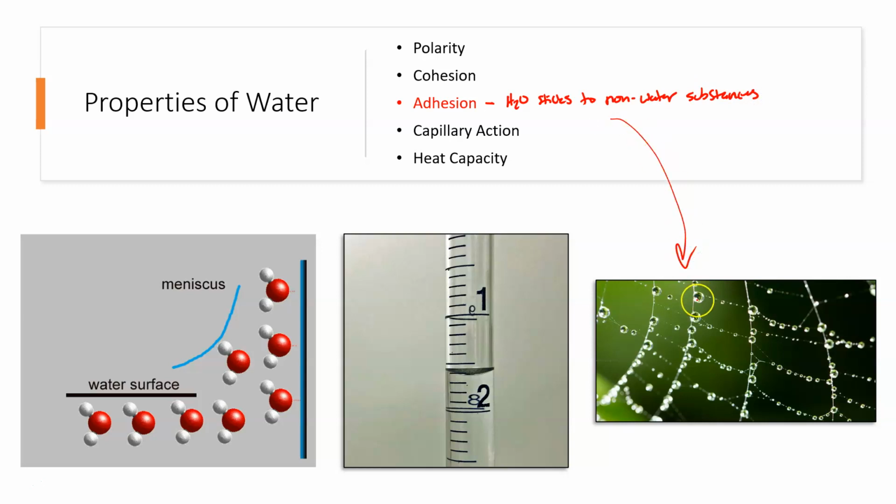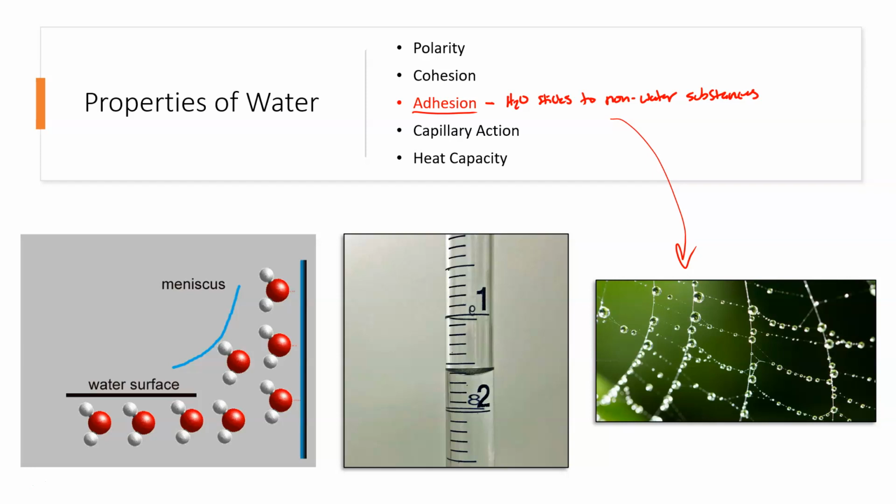The water droplet that is formed is an example of cohesion because water sticks to water to create the drop, but the fact that the water drop as a whole is sticking to the spider web in all of these different places is an example of adhesion, because water can stick to non-water substances based on that unequal distribution of charges.